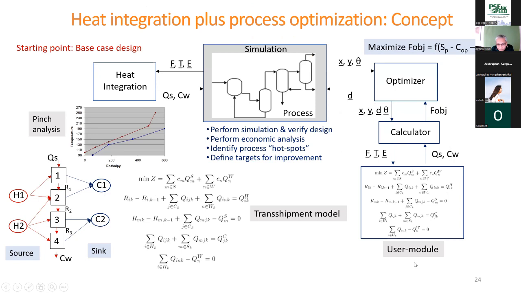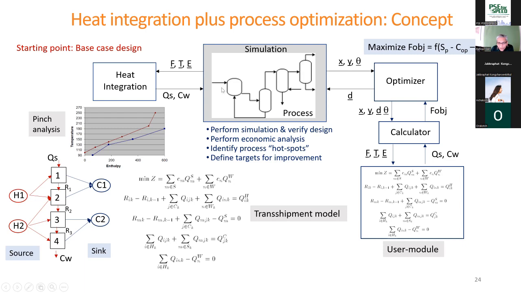Now, all of this is fine, but how do you get these equations? Do you manually do it, or do you want the computer to do it? That's when a user module is needed, because the process simulators do not have this. So we have developed this ourselves.